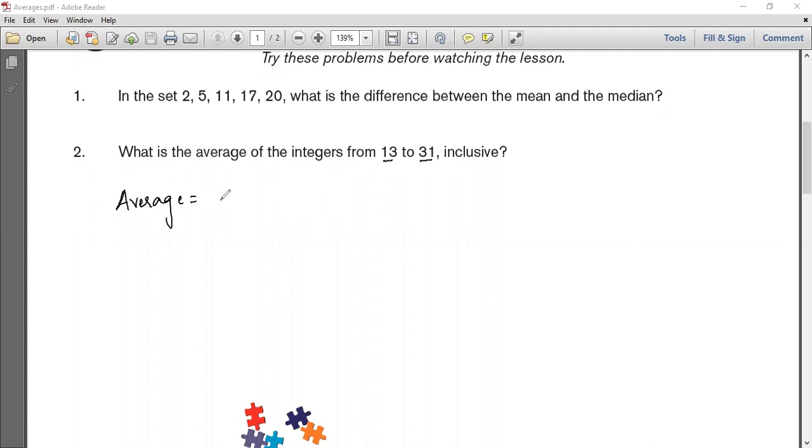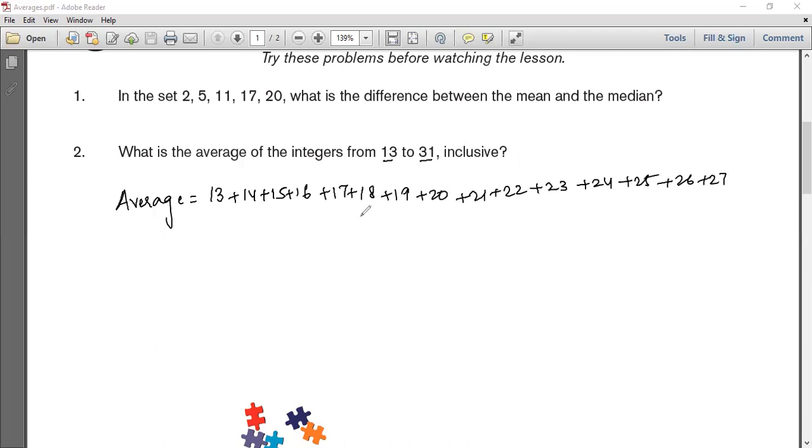Average again means the sum of all observations over the number of observations. So you add all of them, 13 plus 14 and so on up to 31, over the count of numbers, which is 19.